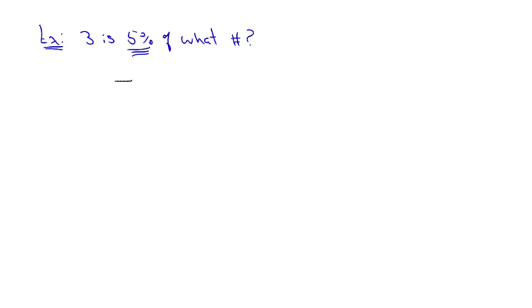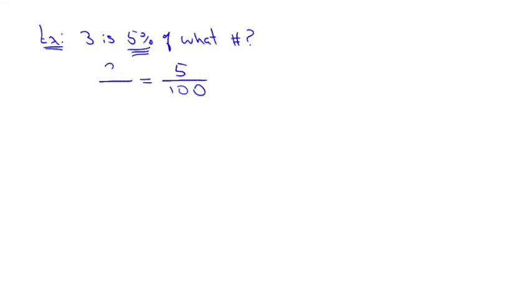When we set this up, it's going to be a fraction equal to a fraction. The 5 obviously is going to be the 5 out of 100. So at least you get that part set up. Where people screw up is putting the A or the B in the correct spots. So is 3 the top of the fraction or is 3 the bottom of the fraction? 3 is at the top because it's a fraction of the original number.